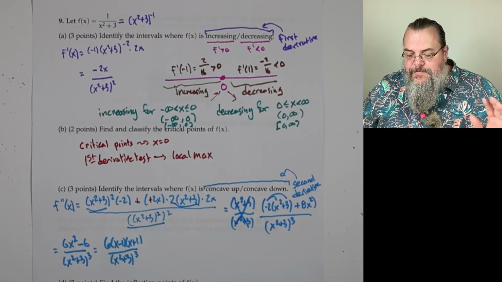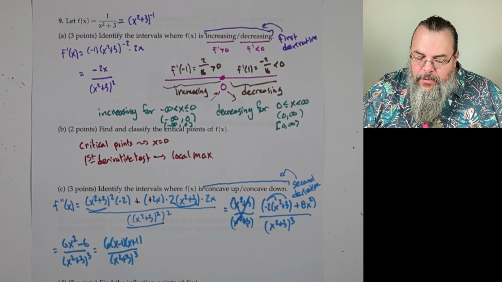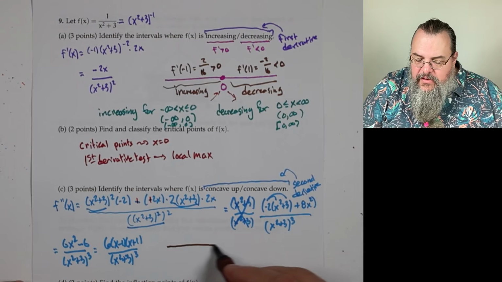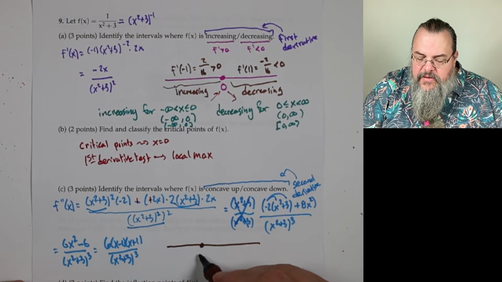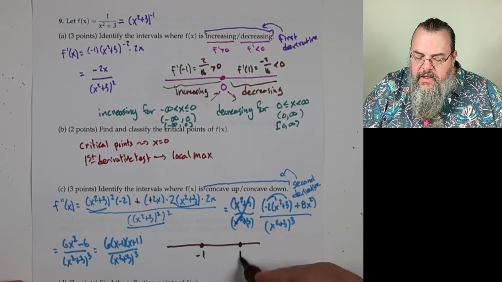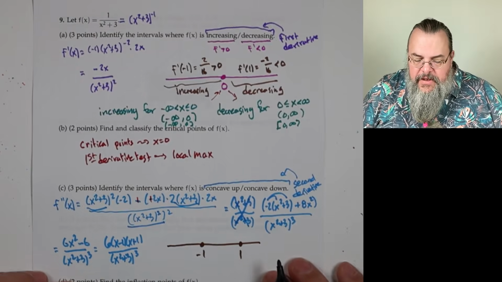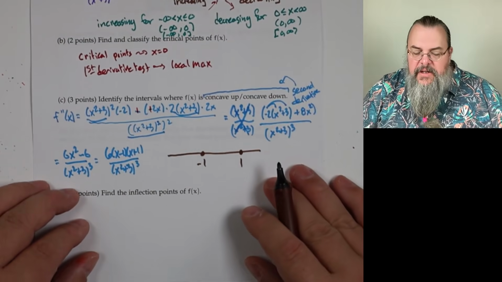So, we now have our points. So we're going to mark negative 1 and positive 1. Okay. So I can push the page up a little bit now.